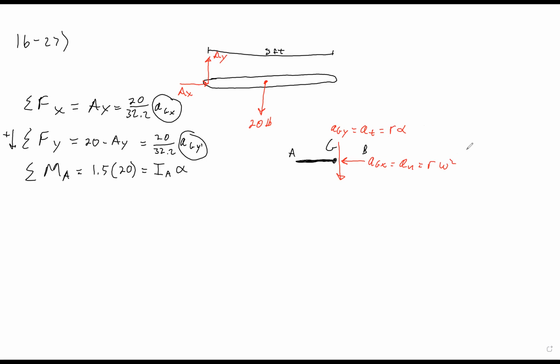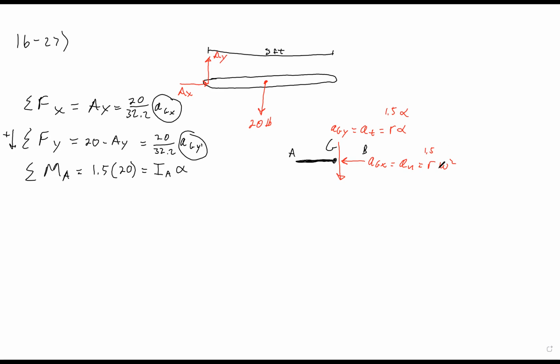All right, if the center of gravity is halfway, just like we had calculated for the 20 pounds, then the radius is 1.5. And what is the alpha? Well, we actually don't know. But that alpha is not an additional unknown. And then here, for the normal, if we have 1.5 as the radius, do we know the omega squared?